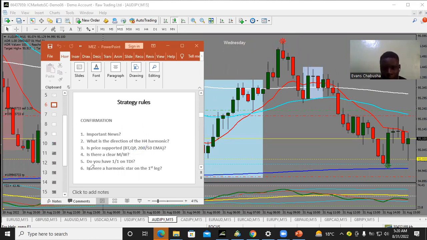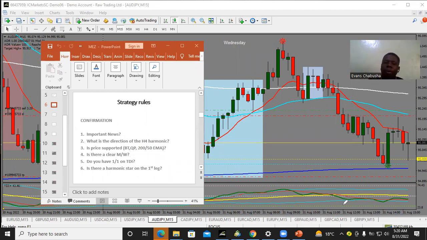Okay. So now, do you have 1-1 on TDI? These lines that are showing down here, the whole thing down here, that is what we call TDI, Trader Dynamic Index. It's an indicator that has a combination of a lot of things: Relative Strength Index, the Liquid 50, Static 50, and all those things.